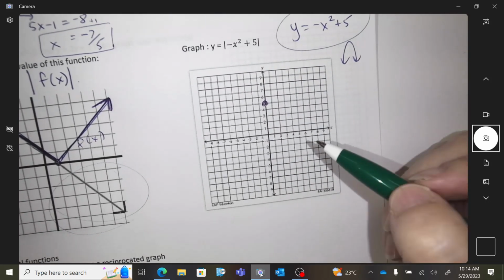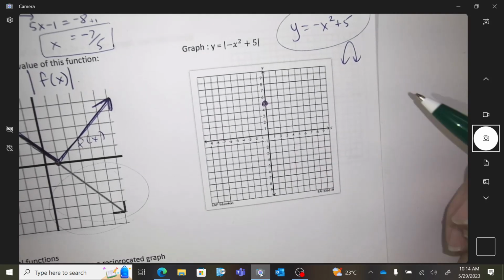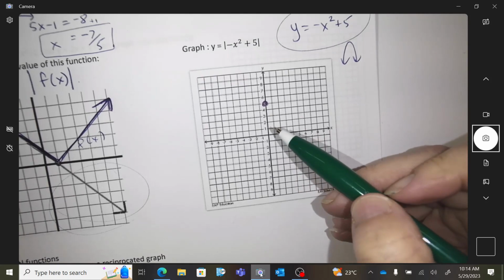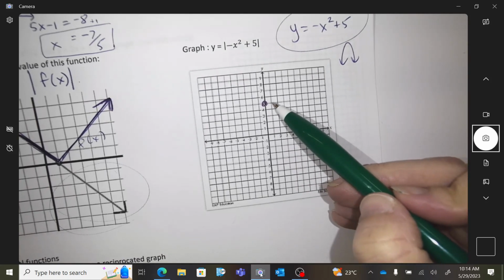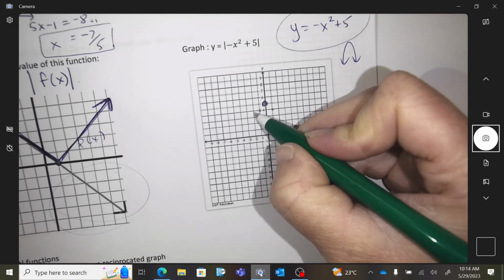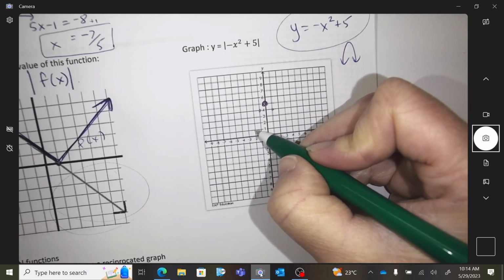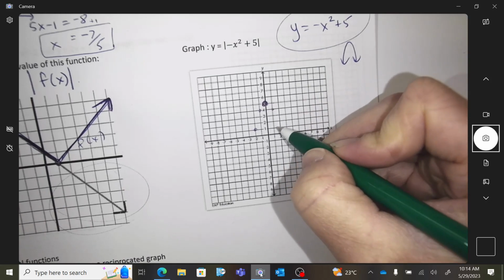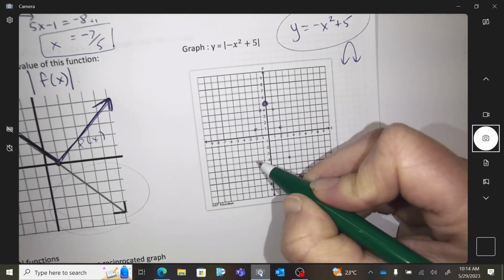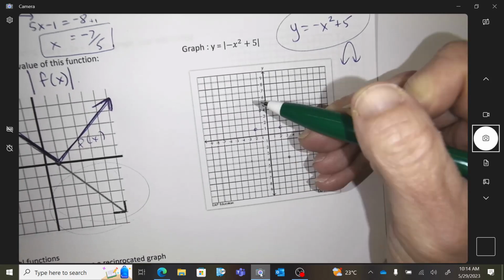And, oh, I should be doing this lightly because this isn't my graph yet, but what should I do now? What kind of pattern? What kind of moves? 1 over, 1 down, 2 over, 4 down, 3 over, 9 down.